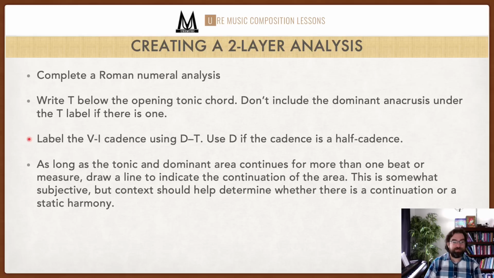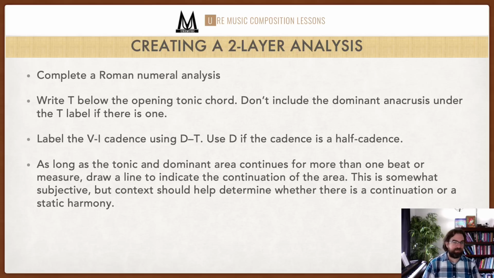So then you label the 5/1 cadence using D to T. Use D only if you don't have a final 1 chord; you would just use the D and leave it at that, and that would indicate you're actually dealing with a half cadence. So real quick, how do you know what a half cadence is? A half cadence is anything that ends on 5.